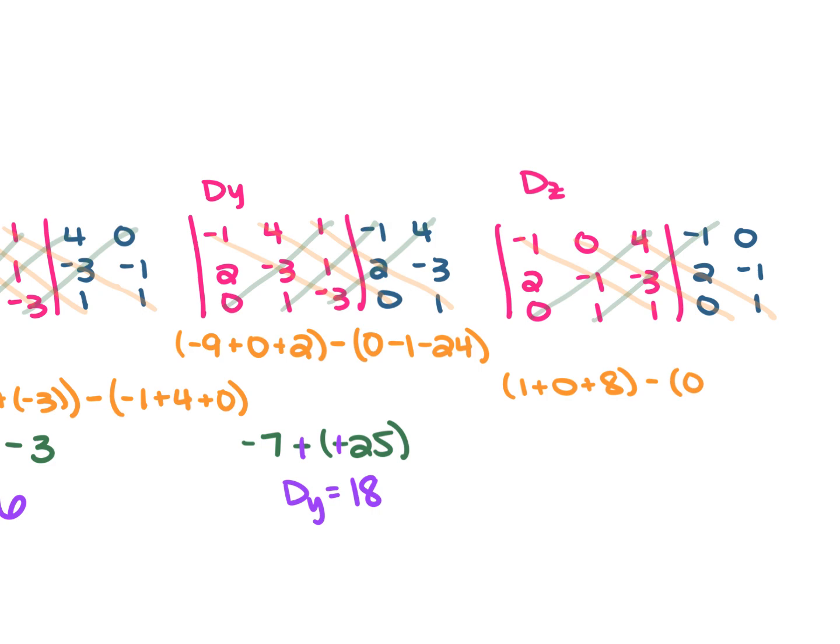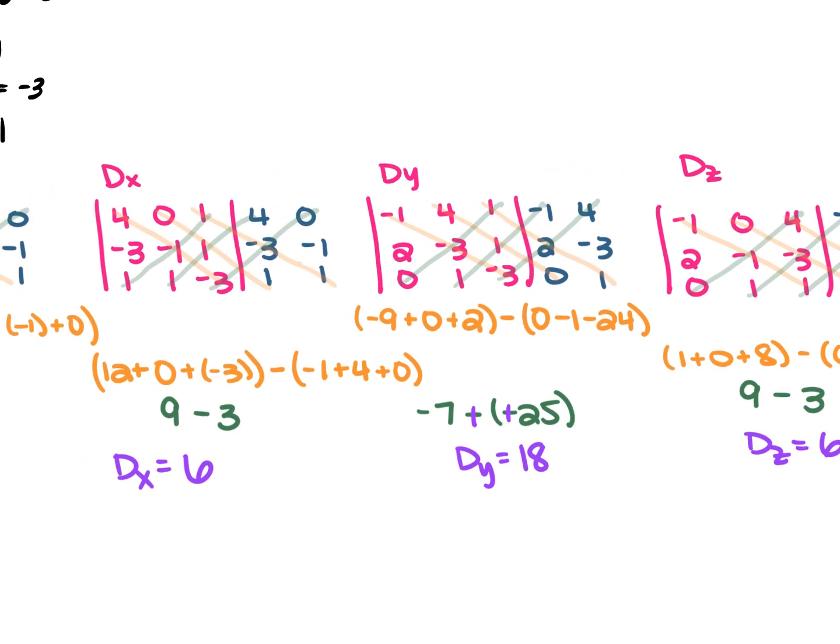Plus 1 times negative 3 times negative 1 is 3. Plus 1 times 2 times 0 is just 0. So 1 plus 8 is 9. 3 plus 0 is 3. 9 minus 3 gives us a d sub z of 6.